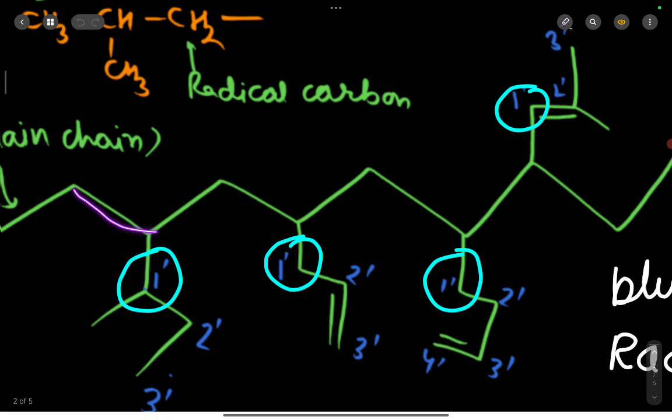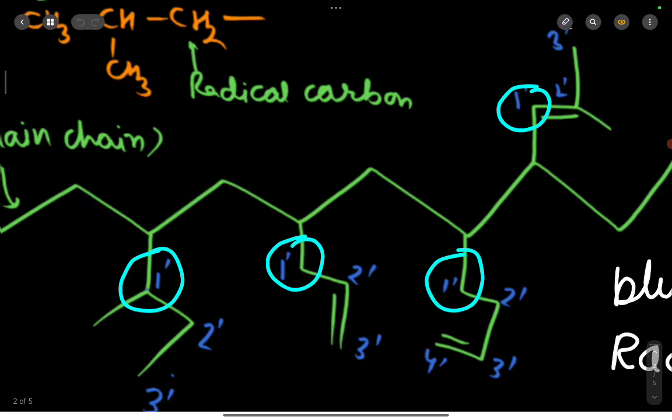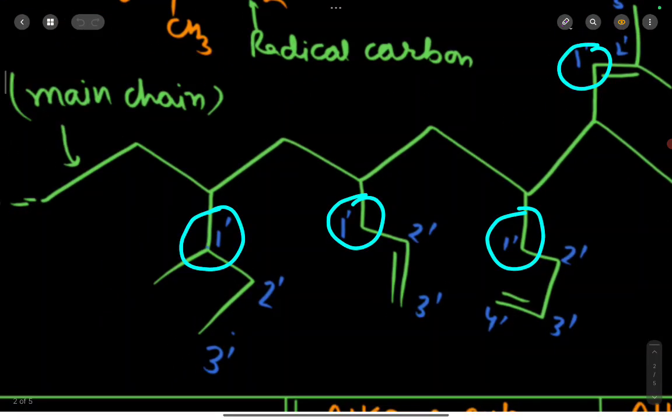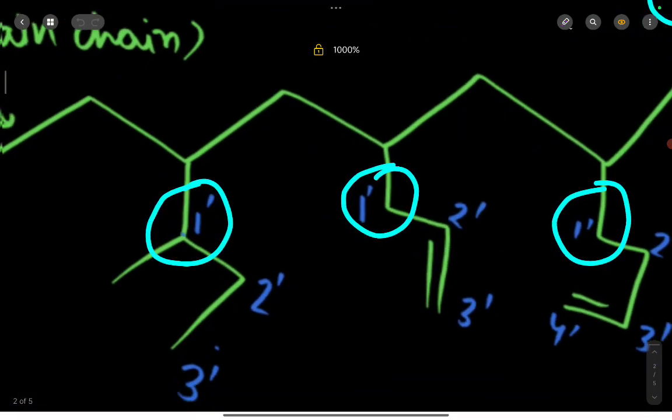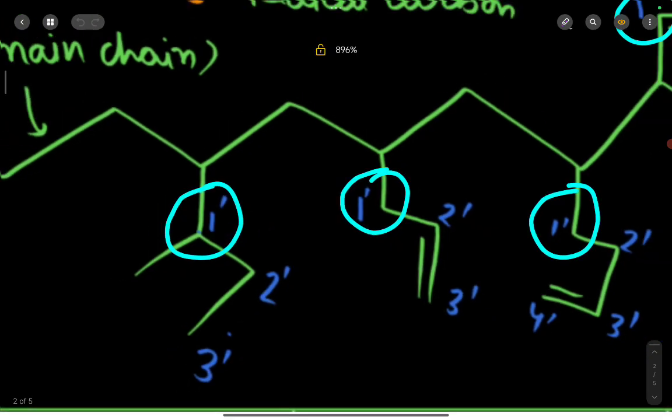For example, let's say this is our main chain and this is a substituent. We will always start numbering from the carbon which is directly attached to the main chain. You can see numbers are written here: 1 starts from the carbon attached to the main chain, then 2, 3. And this is called the radical carbon.